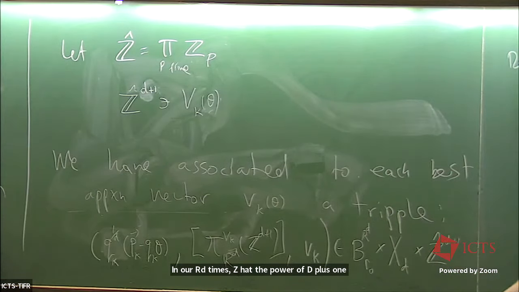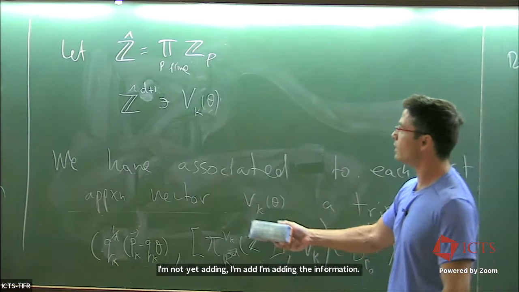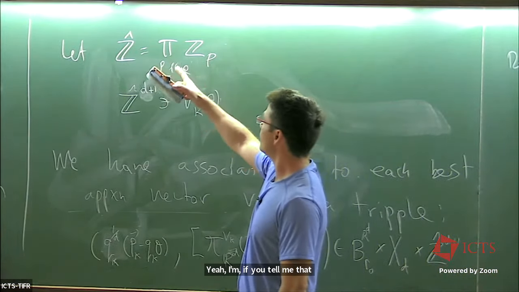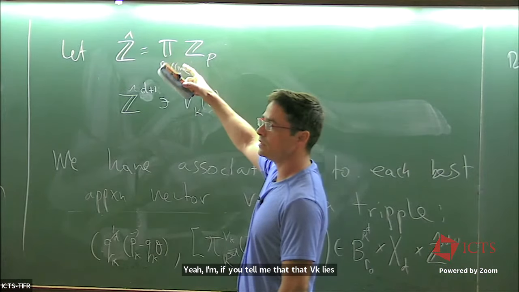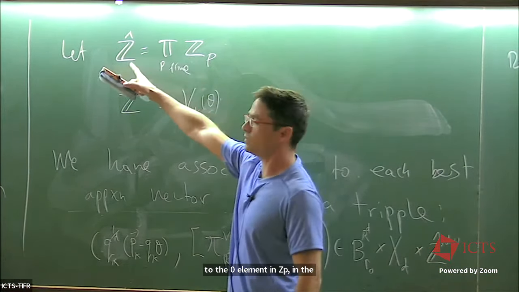I'm not yet adding, I'm adding the information. If you tell me that VK lies super close to the 0 element in Z_p, in the p coordinate of this product, then it means that all the coordinates of VK are divisible by a huge power of p.